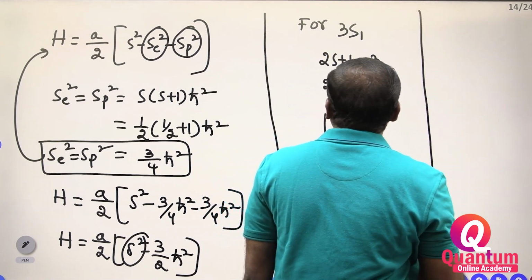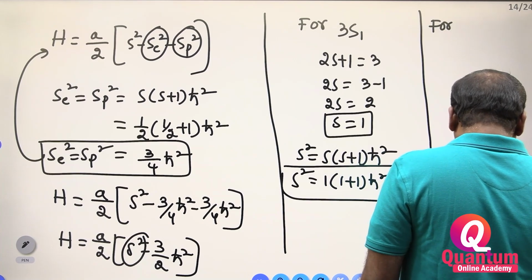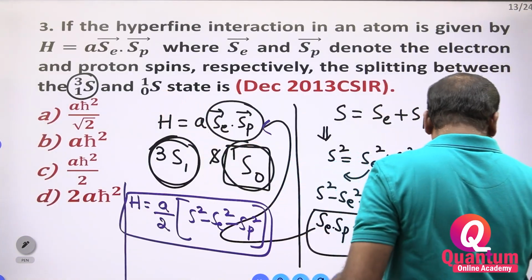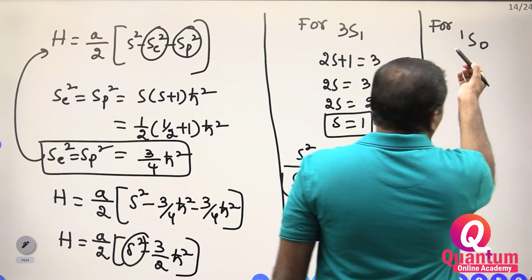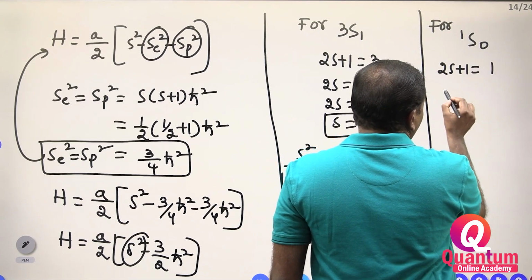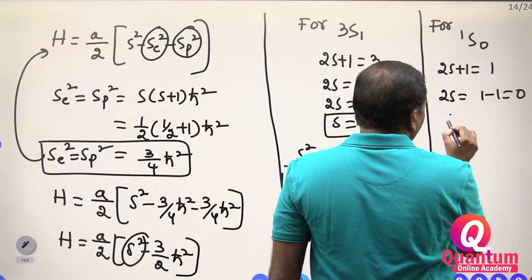Now you have to see which one we have to take next. We have to take the 1S0 state. For 1S0, what is the multiplicity? 2S plus 1 is equal to 1. 2S is equal to 1 minus 1, which is 0.